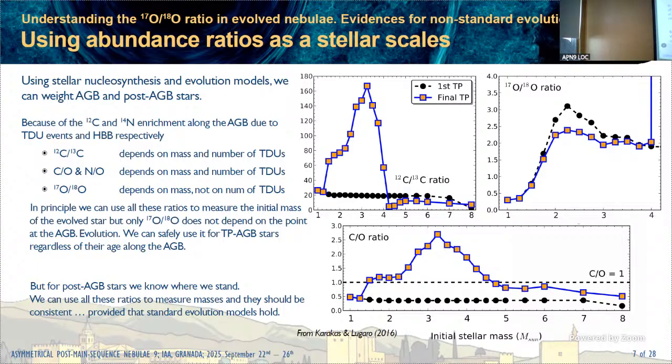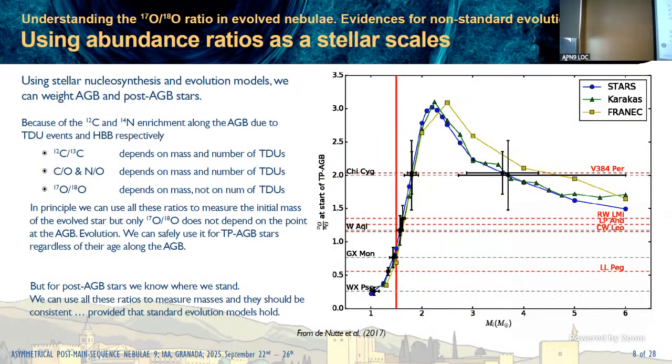And there is an interesting ratio, the 17O to 18O, that doesn't change very much along the AGB. So that's something that you can use even to weigh AGB stars, because the ratio you get is independent of the point in the AGB evolution you are. And this has been done in the past with rather successful results.